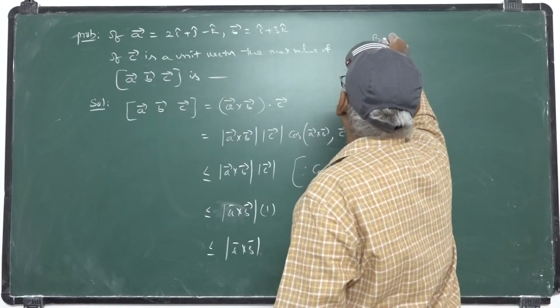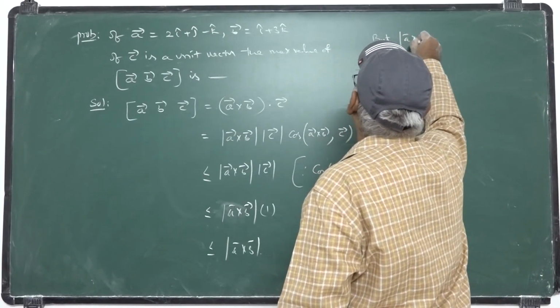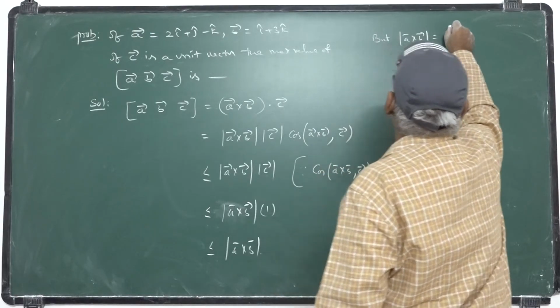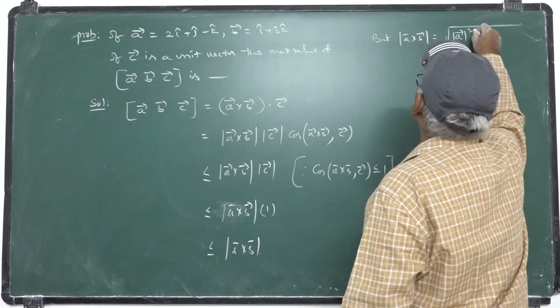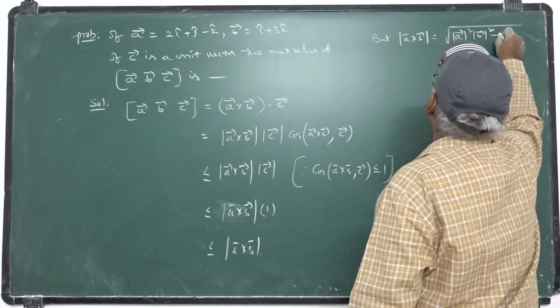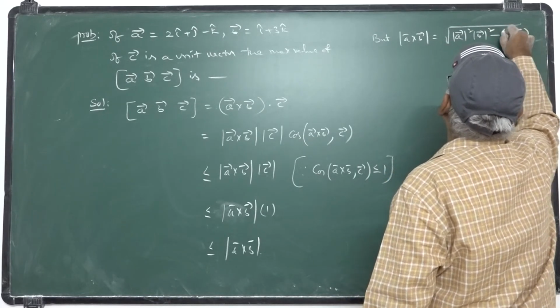Modulus of A bar cross B bar is nothing but the square root of mod A bar square, mod B bar square minus (A dot B) whole square.